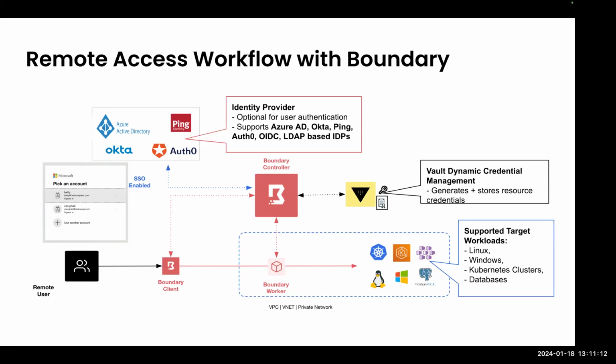Why I'm asking is, let's say the Boundary controller and Boundary worker instances will have public connectivity. They will be exposed in a public network, and they may become the target of a DDoS attack. And because I'm using Boundary for all my connectivity, all my connectivity will be hampered.